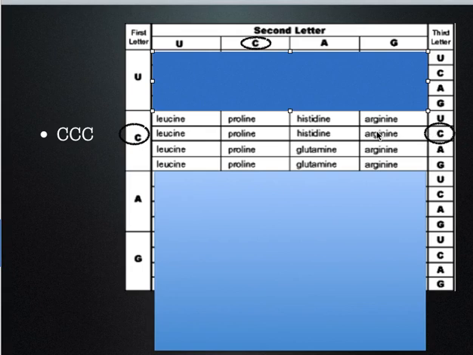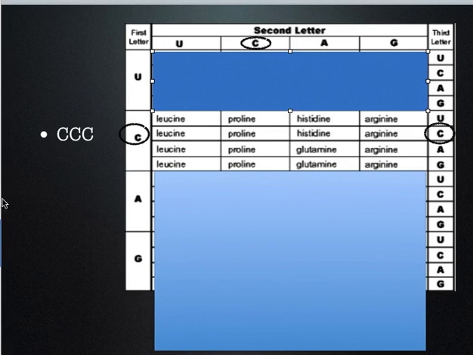It's not this A word because that letter is a G. It's not this H word because the third letter is a C and the second letter is a C. So I've got to go all the way over to this box. So this is the answer, proline. So CCC in nucleic acid language means proline, the amino acid.